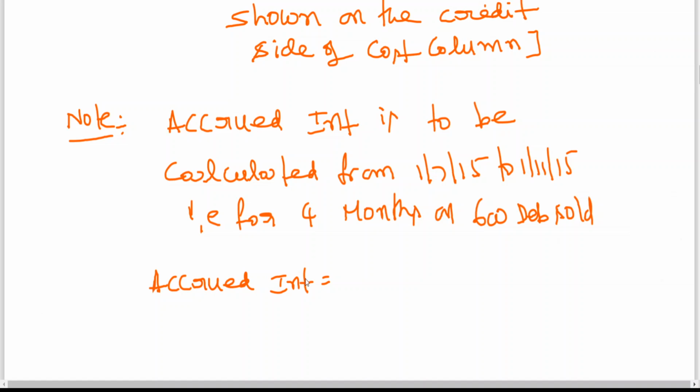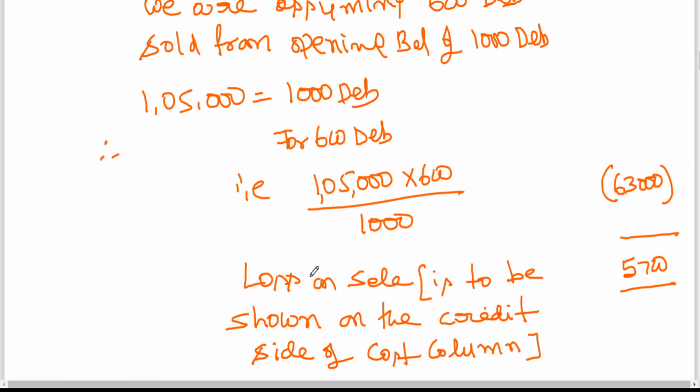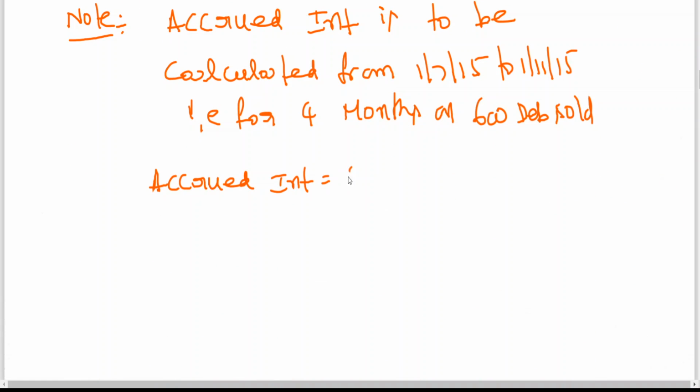Accrued interest. How many debentures are there? 600 debentures. Face value of debenture given in the problem is 100. Even if it is not given, we shall assume 100. Rate of interest 15% into 4 by 12. 600 into 100 into 15% into 4 by 12. It is coming to 3000 rupees.